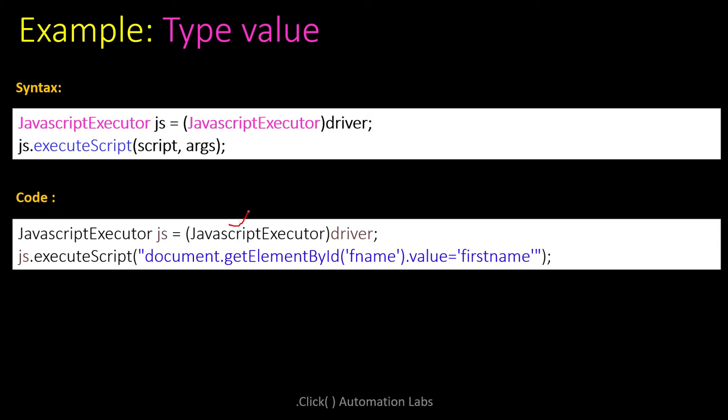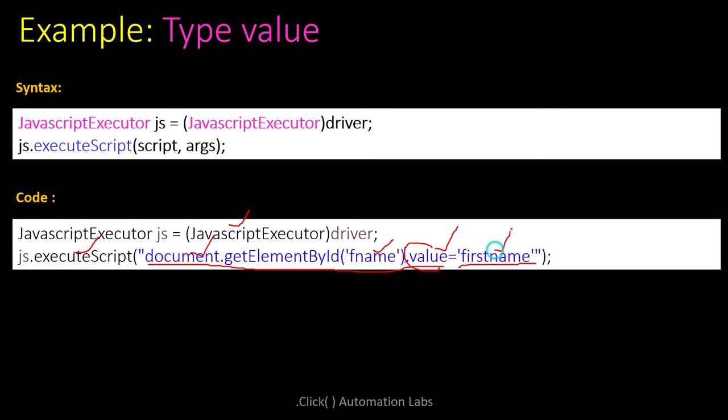This is the same like creating an object and the same execute script method. And now document dot getElementById, up to this is the same. But earlier we identified by id and we used the click event, but now we will be using the dot value event. So this particular JavaScript will look at your browser and get the element matching the id name and set the value of this element as the first name.